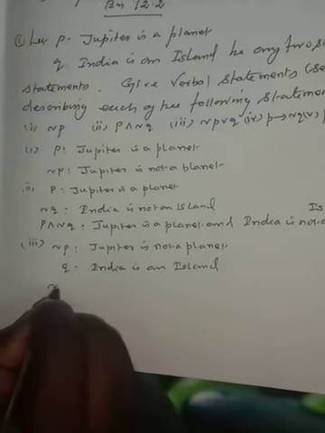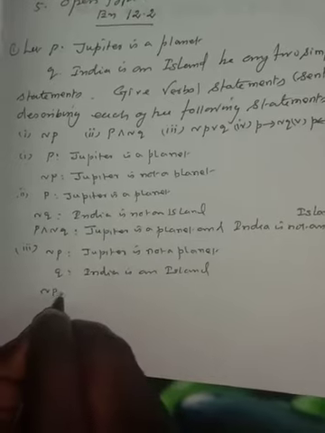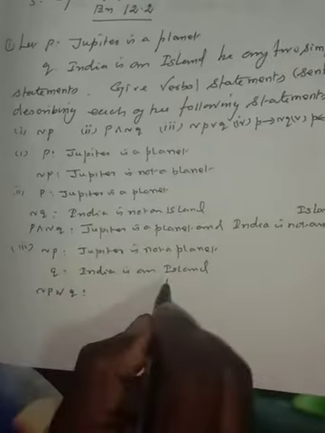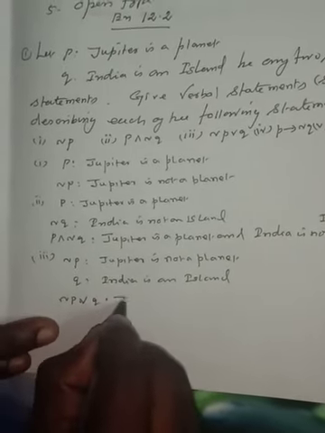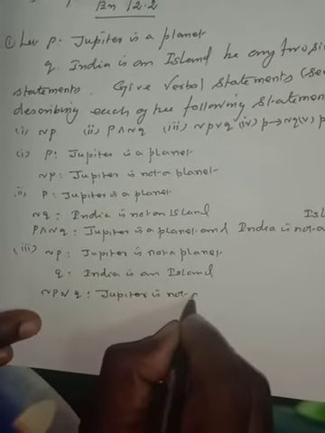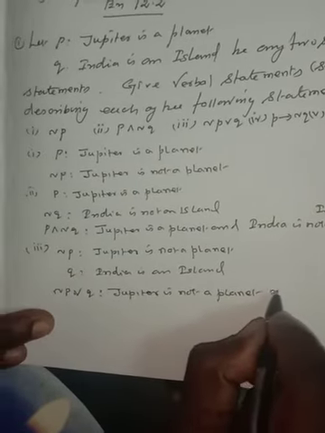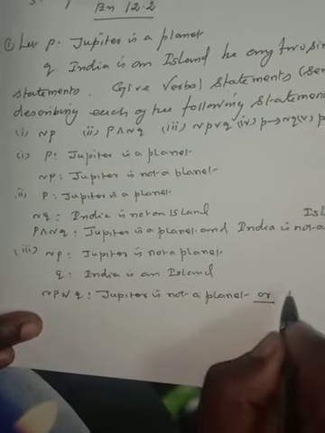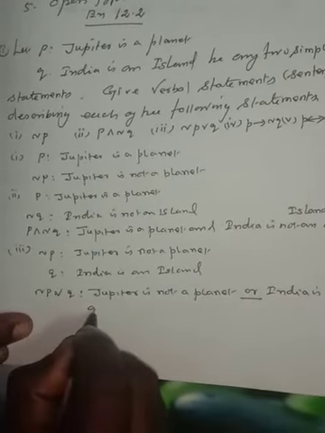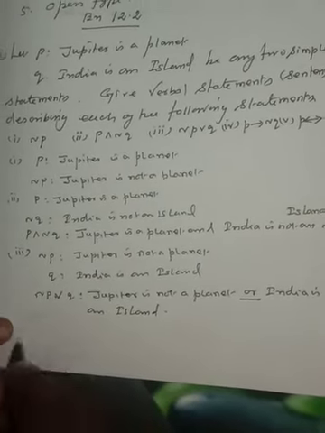Next, negation of P or Q: Jupiter is not a planet, or India is an island.